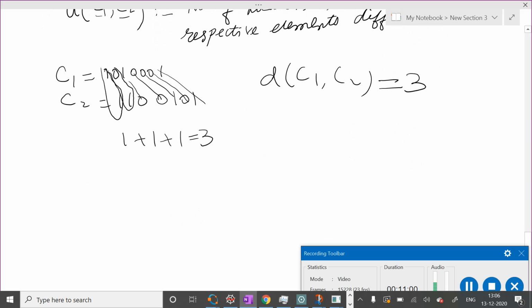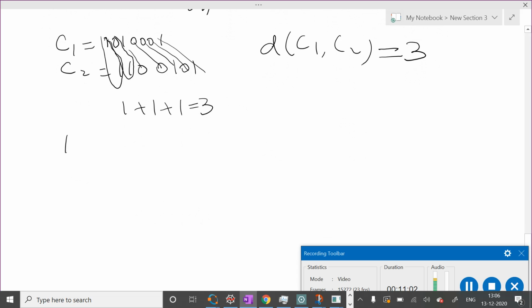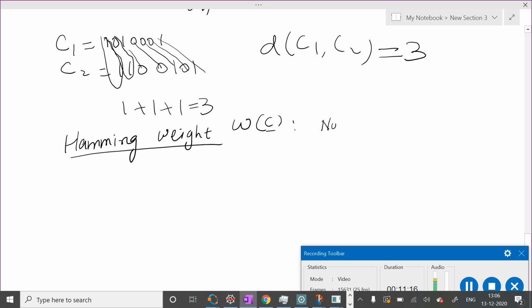There is another quantity called Hamming weight. Hamming weight we denote as W of C. Hamming weight is defined as the number of non-zero elements in the code.